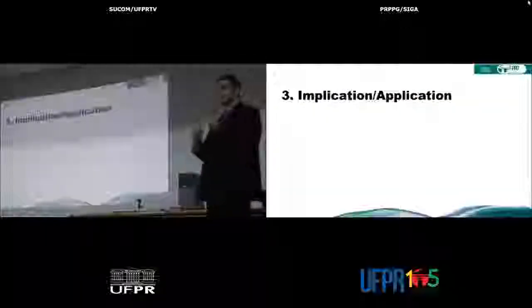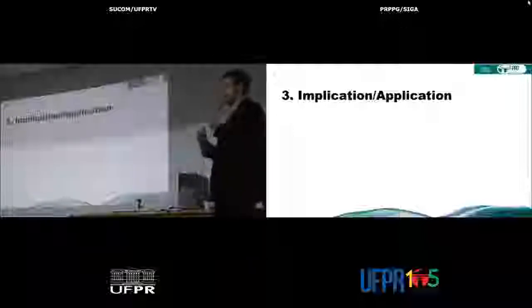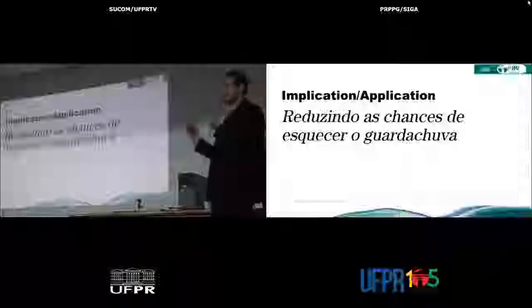Then a title that focuses on implication or application. This is also very common. It's kind of like how you do this. This is the application, the implication of a study: you do this in order to reduce the chances of forgetting your umbrella.